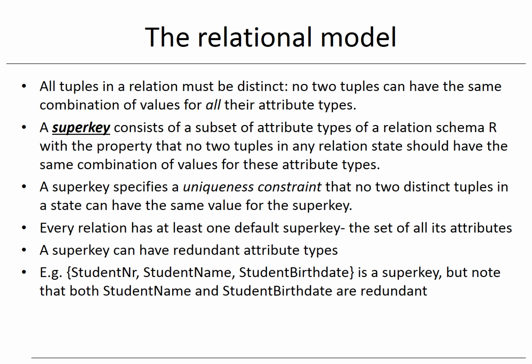A superkey is defined as a subset of attribute types of a relation scheme R with the property that no two tuples in any relation state should have the same combination of values for these attribute types. In other words, a superkey specifies a uniqueness constraint, in the sense that no distinct tuples in a state can have the same value for the superkey.